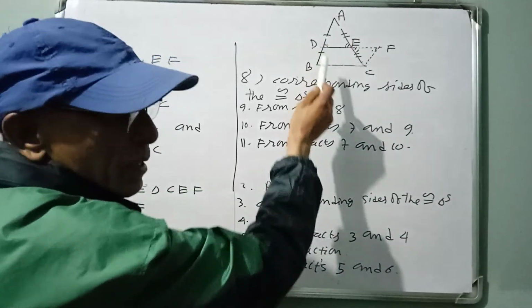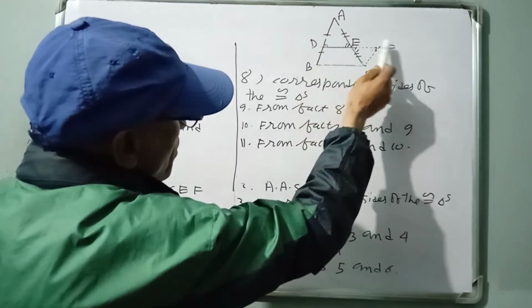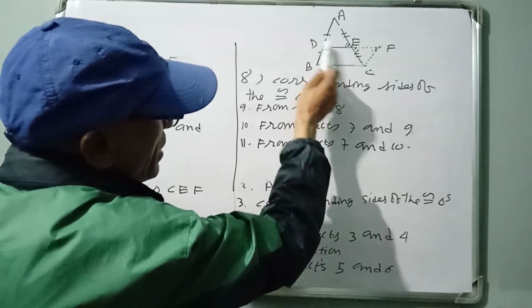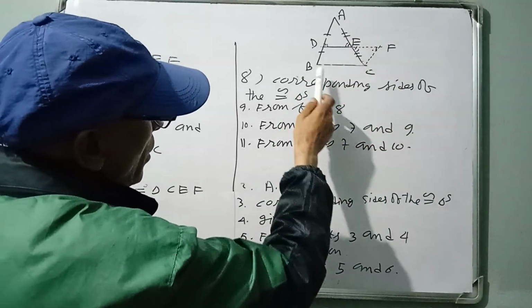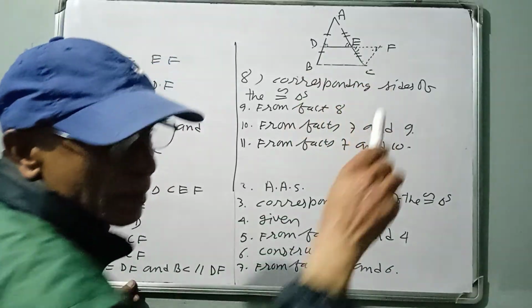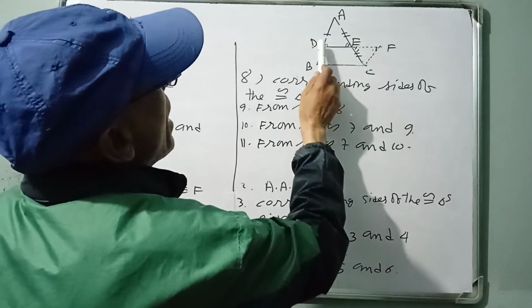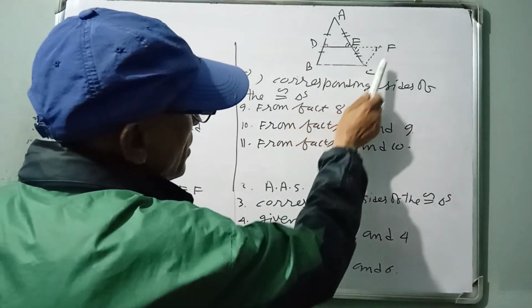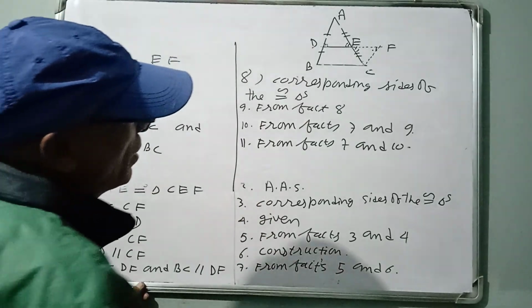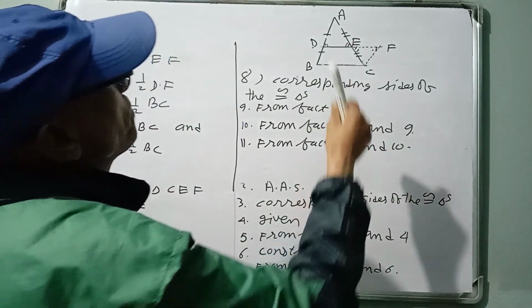But AD equals BD, so BD equals CF and BD is parallel to CF. If BD and CF are equal and parallel, we can prove that BC and DF are also equal and parallel. It means BCFD is a parallelogram. The opposite sides are equal and parallel.